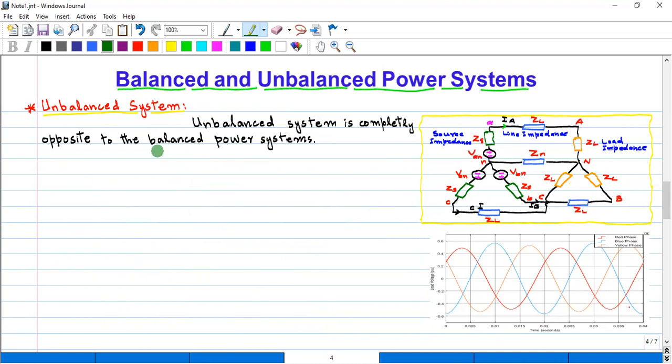An unbalanced system is completely opposite to the balanced power system.